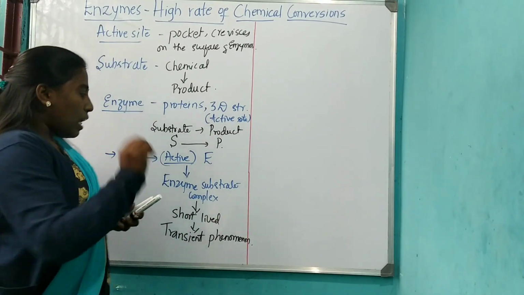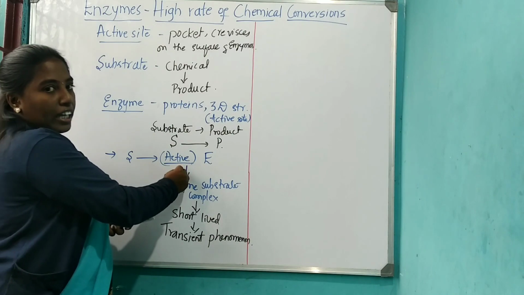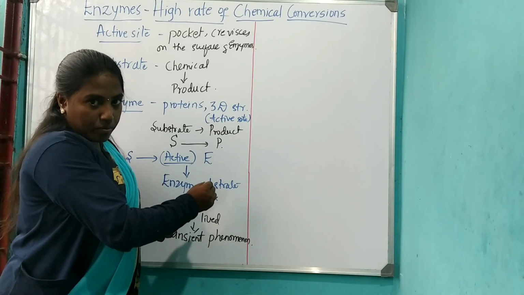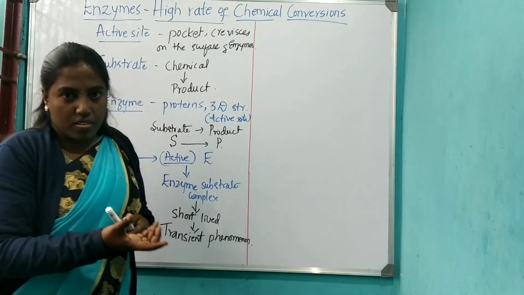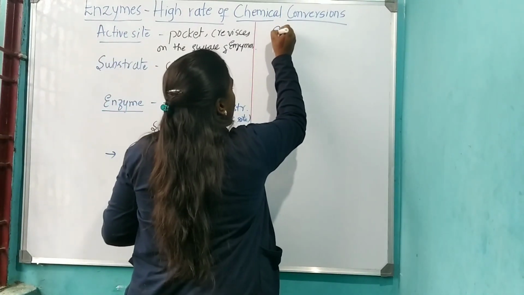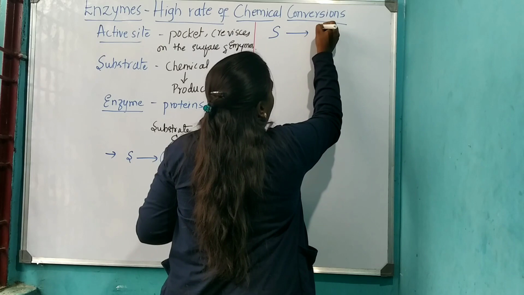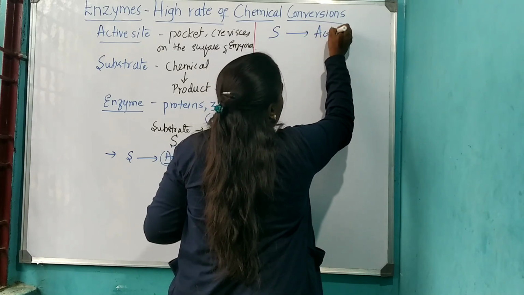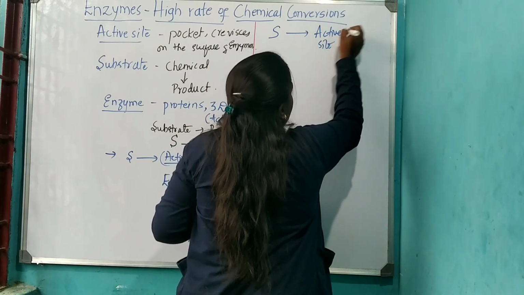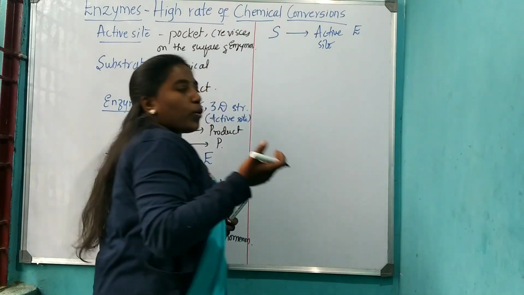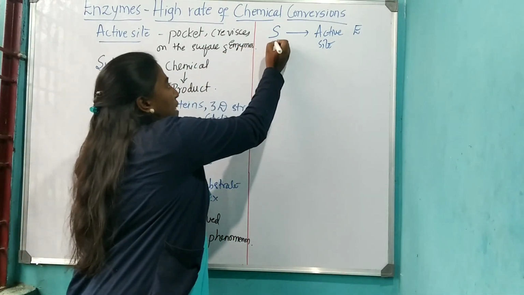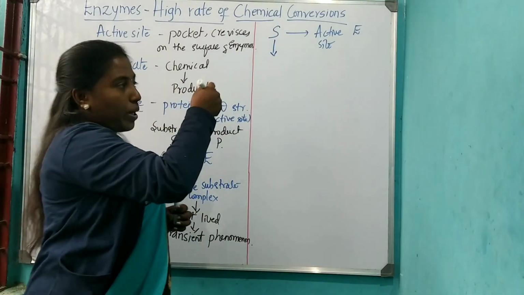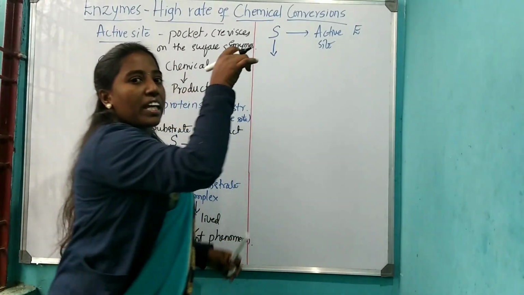When the substrate binds to the active site of the enzyme, it undergoes some structural changes. That means the substrate gets a new structure by binding to the active site of the enzyme.